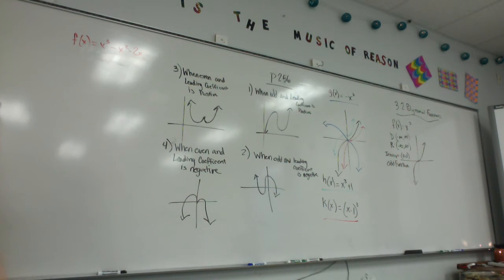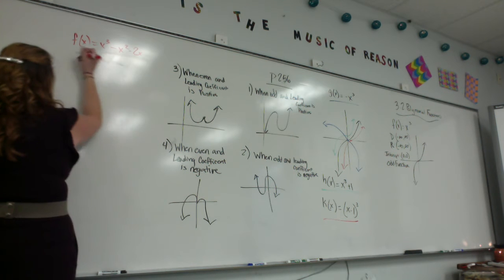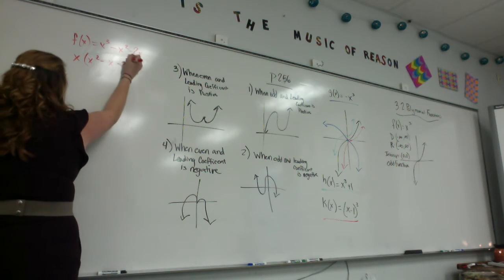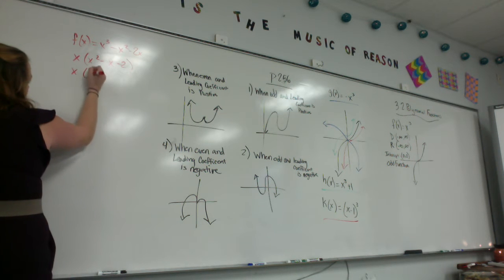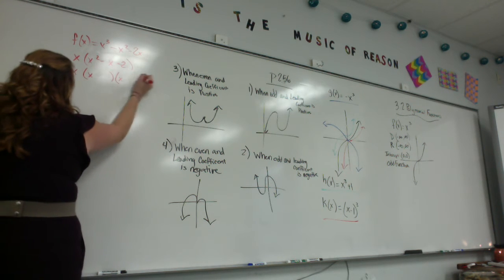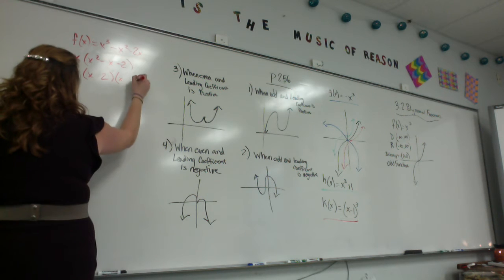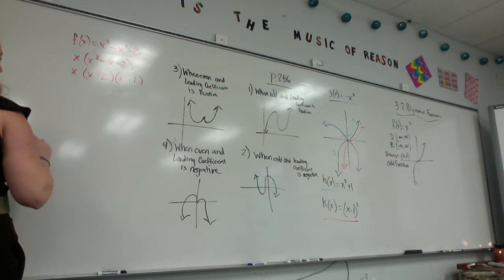What would you do first? You have to factor. Take an x out, because these all have x's. Then you have x squared minus x minus 2. Now, how do I factor that? What multiplies to give me negative 2 but adds to give me negative 1? It is a 2 and a 1. Which one needs to be positive? Which one needs to be negative?